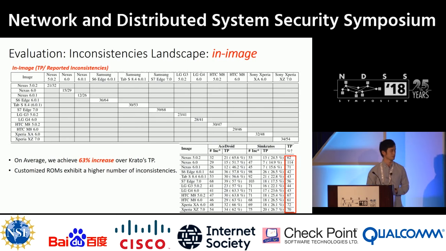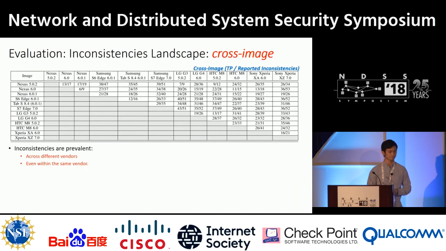And we can see from this table, the customized ROMs exhibit a higher number of inconsistencies compared to the original version like Nexus. And here in this table, we show the evaluation result of cross-image analysis. As we can see from the table, inconsistencies are prevalent across different vendors and even within the same vendors.